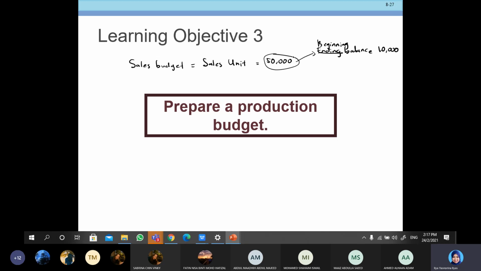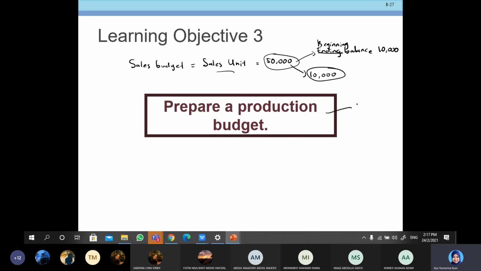So if you ask the production unit to produce 50,000 units, you will waste another 10,000. That is an extra 10,000 to be produced, and 10,000 is money. So after we created this sales unit, we need to proceed to the production budget.